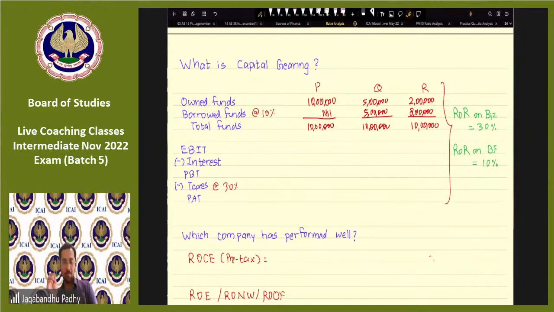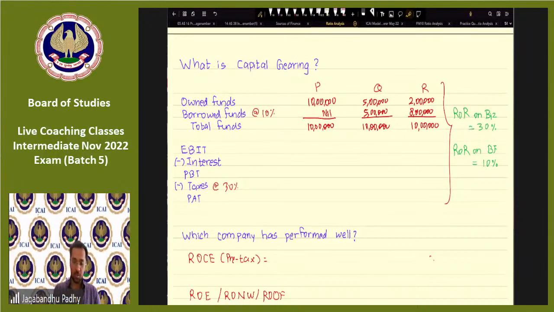If they are in the same line of business, should they have the same EBIT or different EBIT?